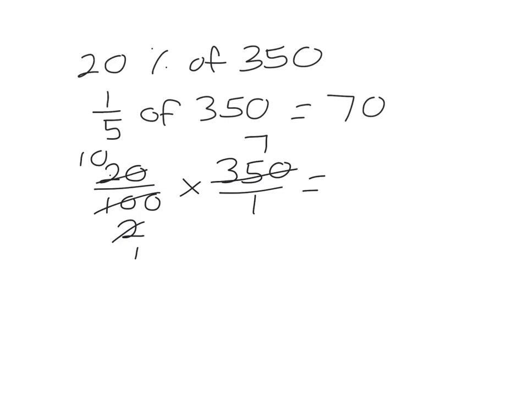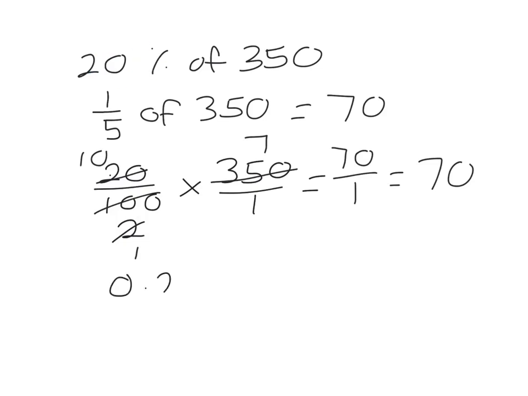And now I just do the top times the top, which is 70, because it's 10 times 7, over 1 times 1 is 1, which is 70. And there are many different ways you could have simplified this. You don't have to do it this particular way, but whichever way you do it will simplify to 70 over 1, which is 70.